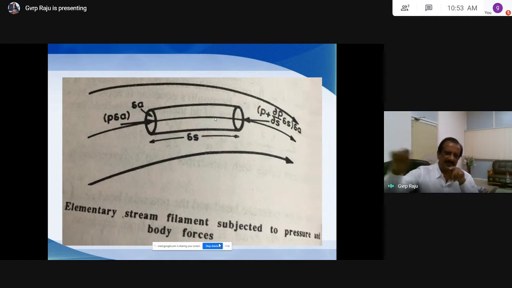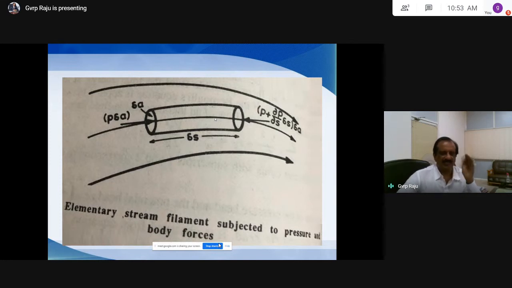As the tangent at any point on the streamline gives the direction of velocity, we cannot resolve the tangent in the normal direction. You cannot resolve that at 90 degrees. So there is no normal component to the velocity vector, which is in the direction of the tangent at a particular point.